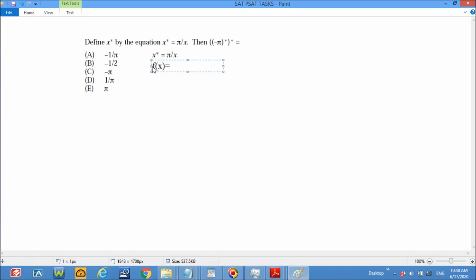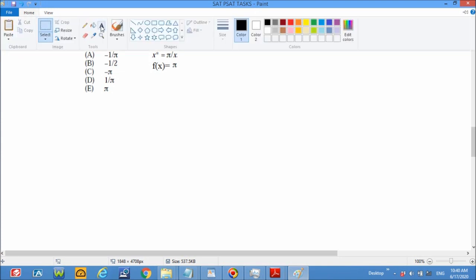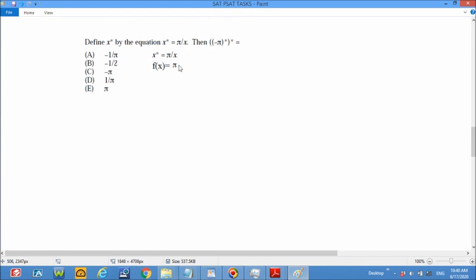Now it will be P divided on x, our argument.